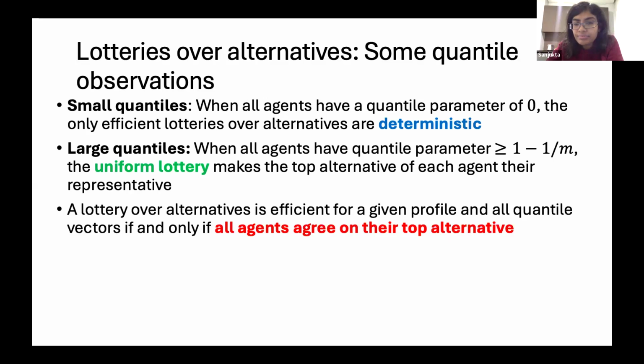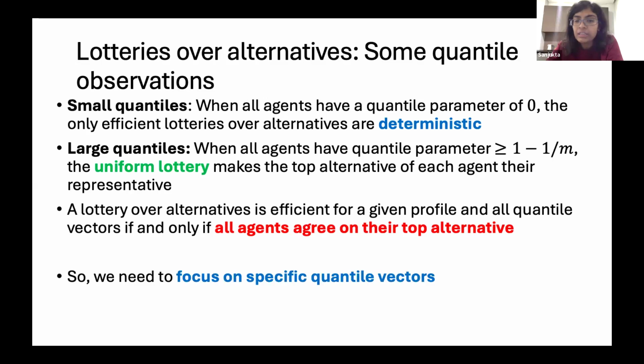And a lottery over alternatives is efficient for a given profile and every quantile vector if and only if all agents agree on their top alternative, which is a very restricted setup. Generally, obviously, agents do not agree on their top alternative. So this result says that it doesn't make sense to look at which properties hold for all quantile values, but we can fix a quantile vector for the agents and look at results for that particular quantile vector.